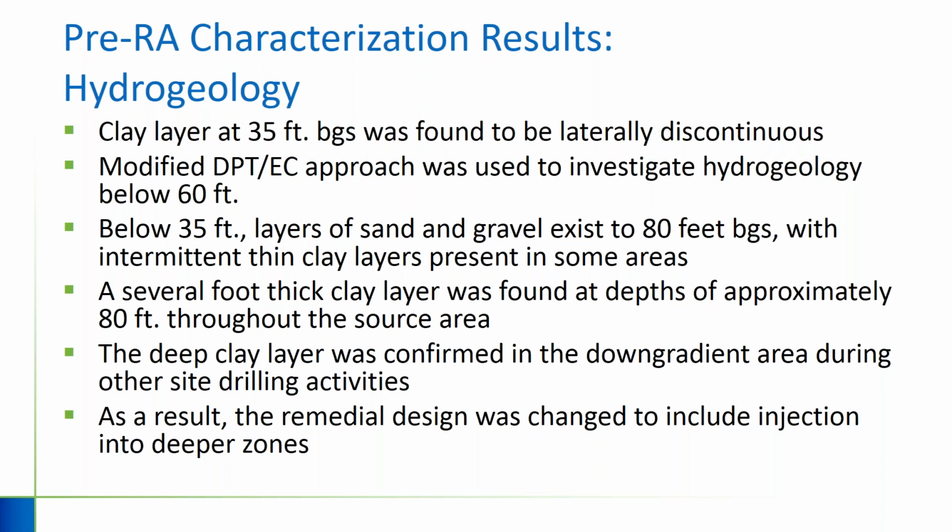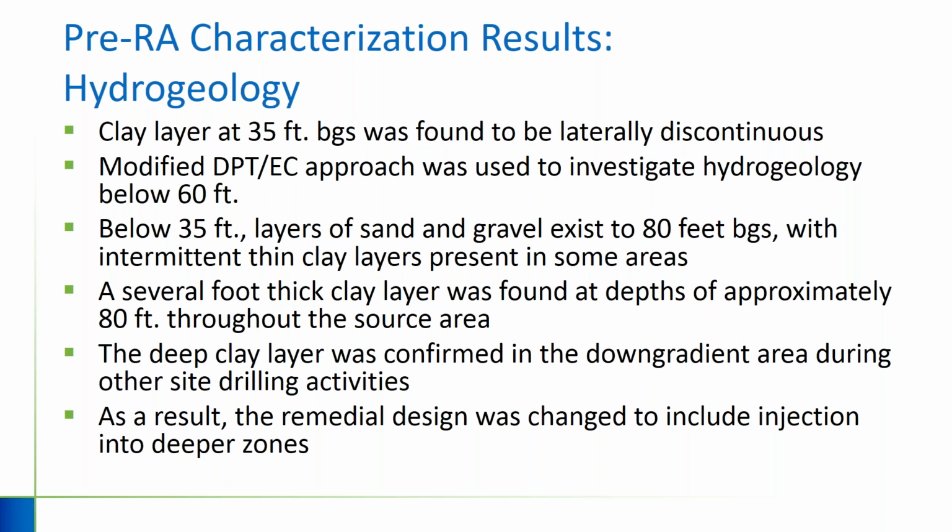So we had to design the remedy. When you're doing an injection-based remedy, you can't just automatically screen over the entire thickness you're trying to treat, because if you install wells with a 40-foot screen and you try to inject into them, you're going to get preferential distribution, where big parts of that thickness don't get treated.